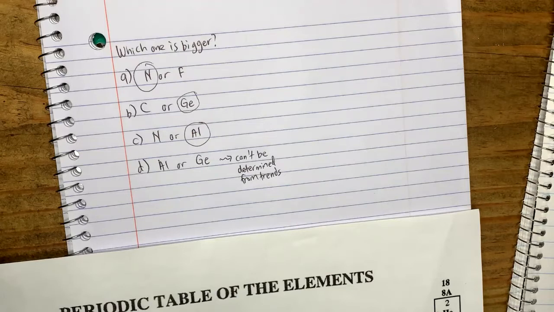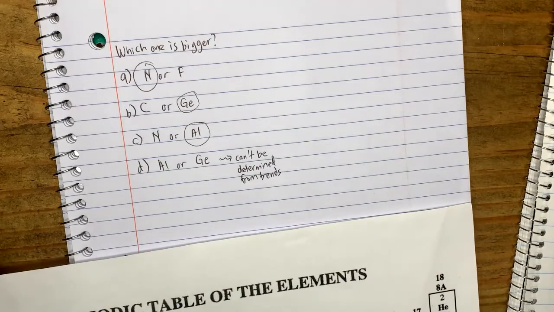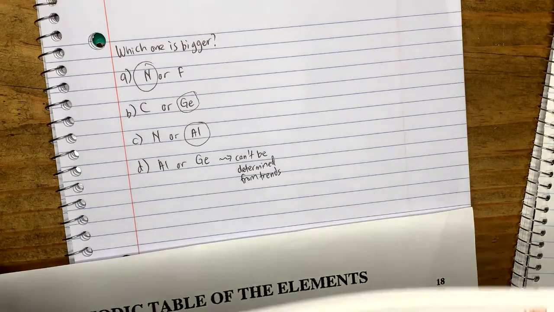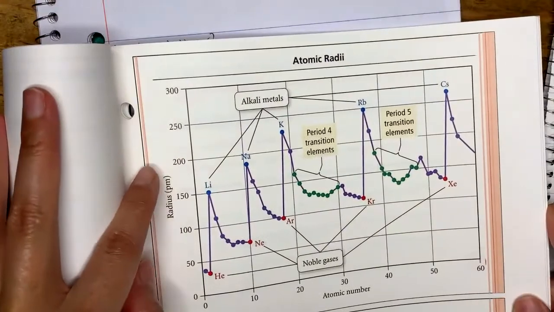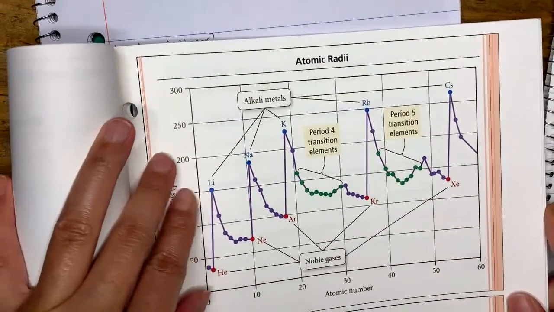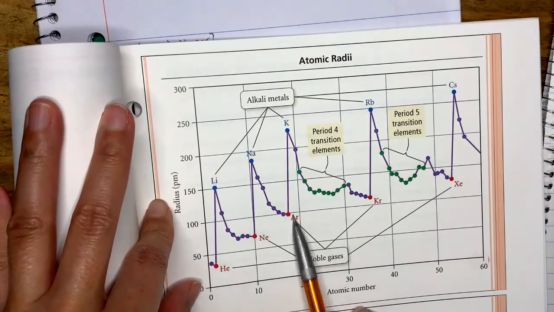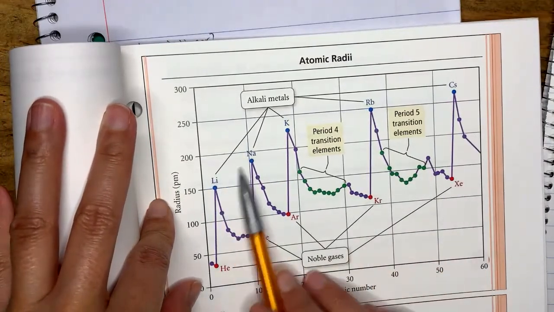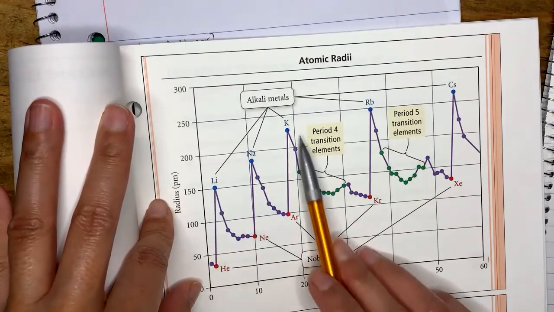So aluminum, germanium is right here between Na and Ar and Kr. So you see how this trend here on slide number 43, it shows you the radius goes down a group, gets bigger, goes down a group, gets bigger, but then as you go across, it gets smaller, right?